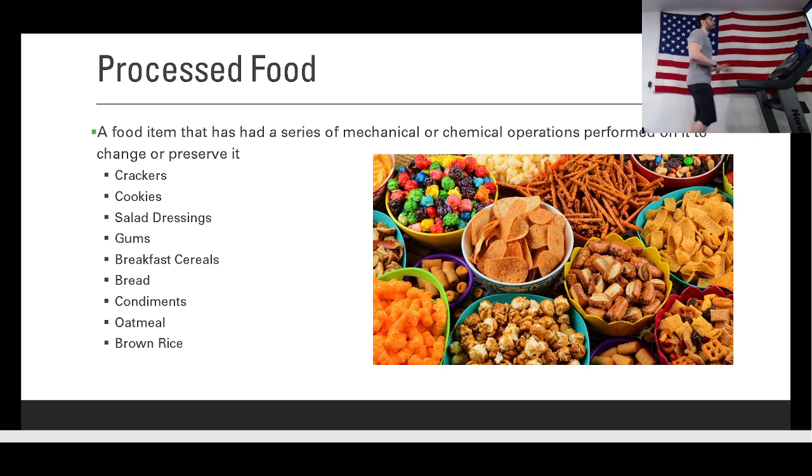So also remember when we say preserve it, what does that mean? We're talking about sodium, artificial preservatives. There's a reason why even your Dave's Killer Bread, I love Dave's Killer Bread, a great bread, I definitely recommend you get it if you're going to get yourself some bread, right?